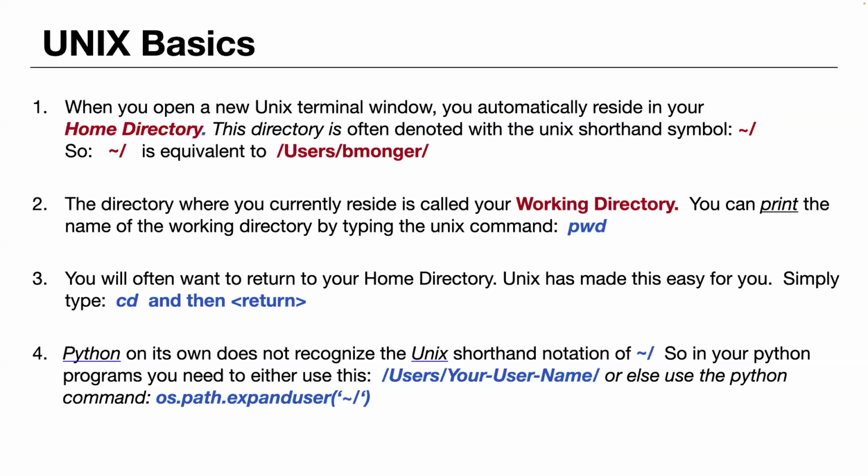Oh yeah, this thing: Unix knows ~/. Python does not. If you write something in Python that says fname equals ~/data, my project, and some file name, Python will not know what to do with that, because it doesn't know how to convert on its own without any help.